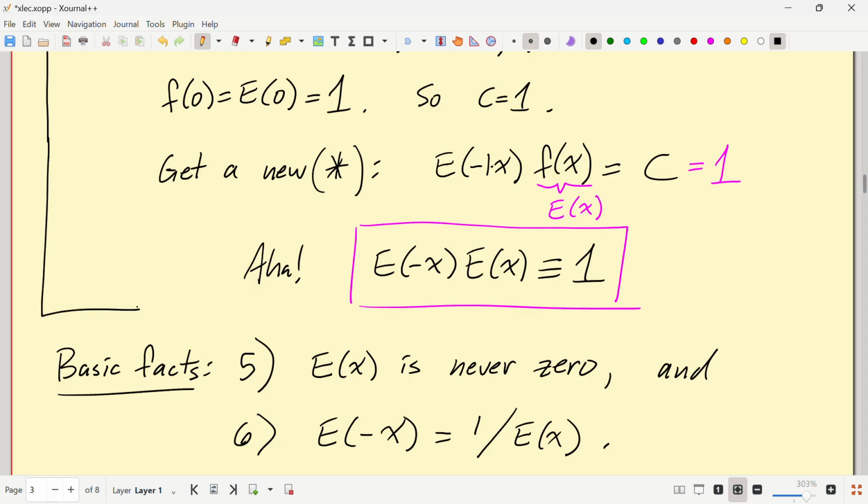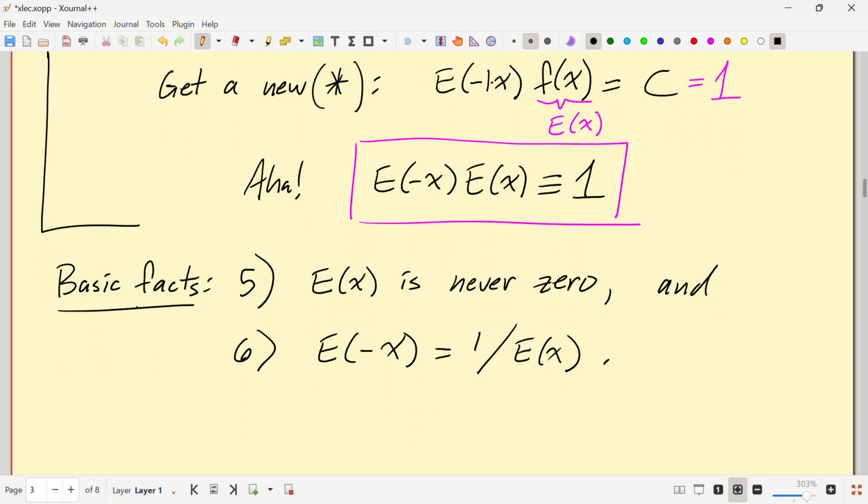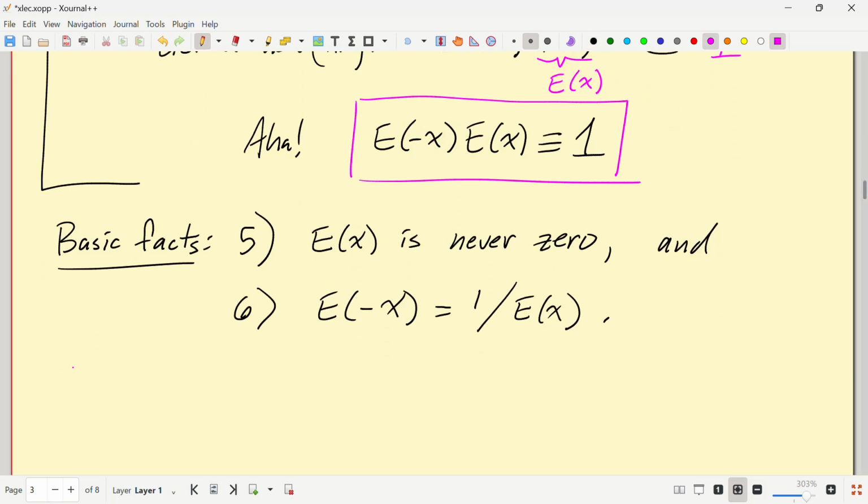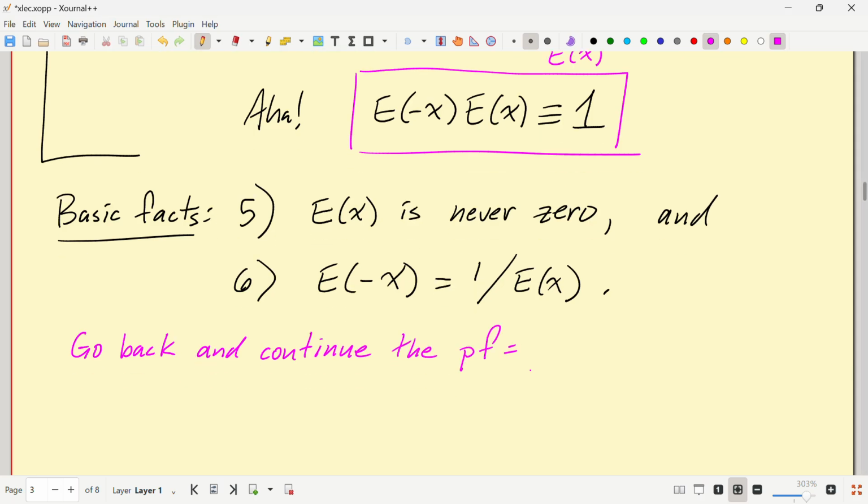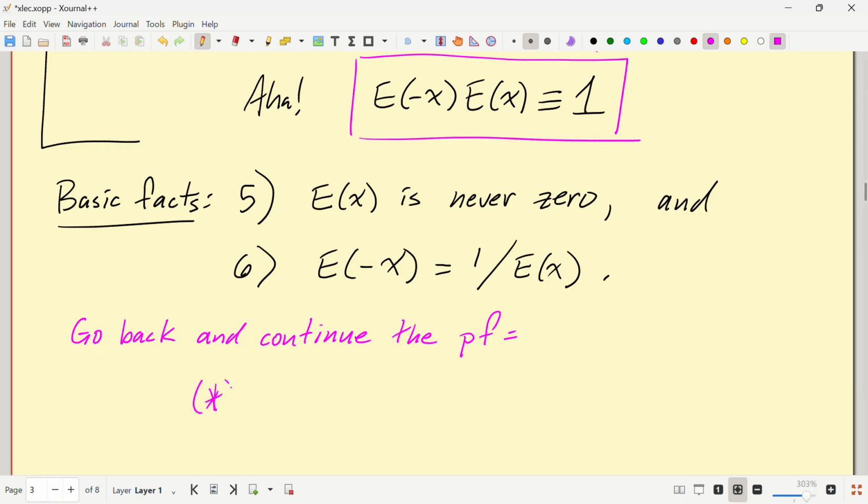Okay, now that I stopped the proof and did that, let's restart the proof. Go back and continue the proof. I got star, and star told me that e to the minus kx times f of x equals c, which is f of 0.